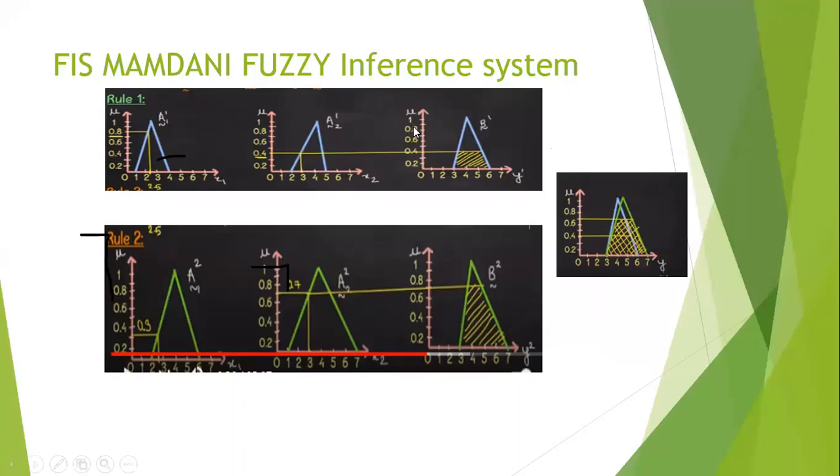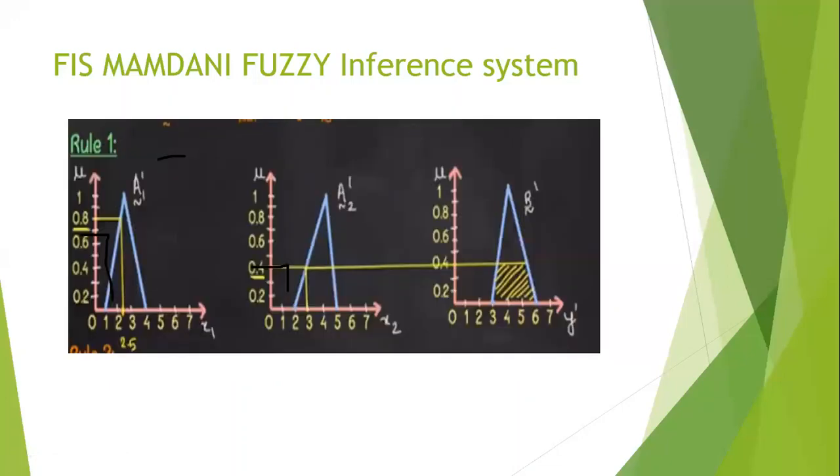Here you can see when x1 is 2.5, the membership function is 0.8, and for 3, the membership function is 0.4. As we are using the AND operator, we go for the minimum of the membership functions.